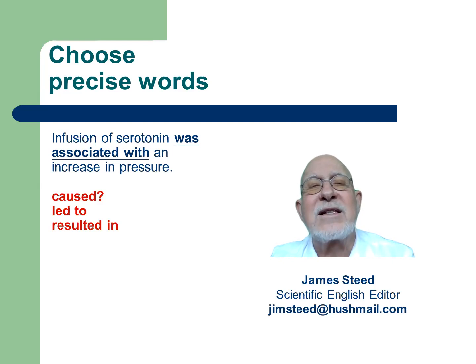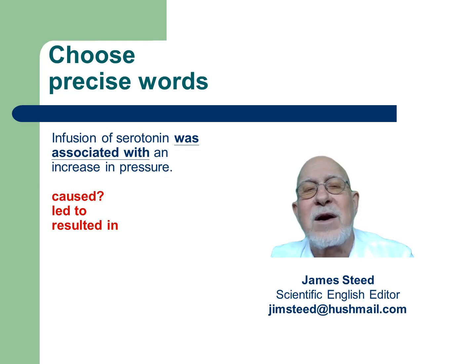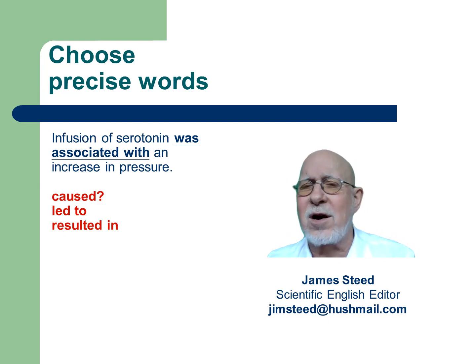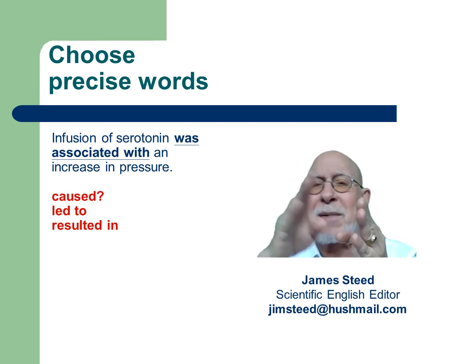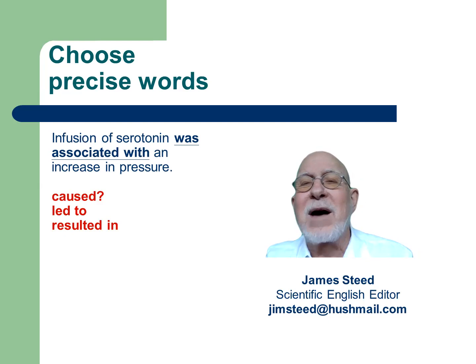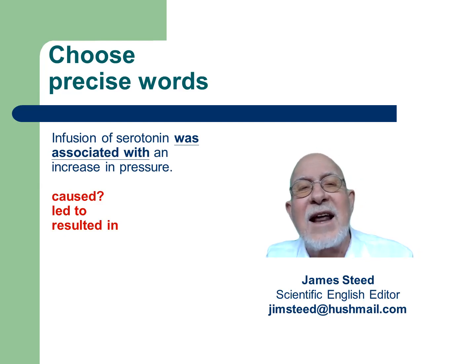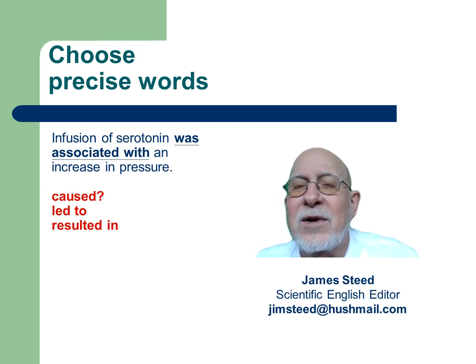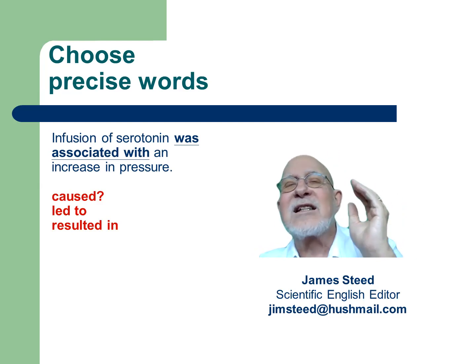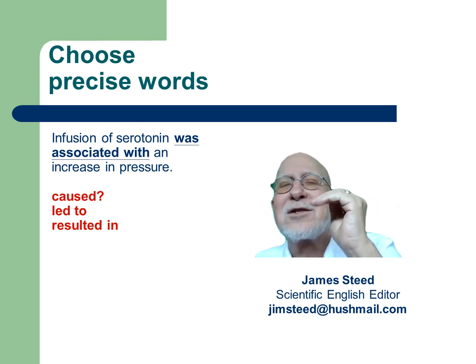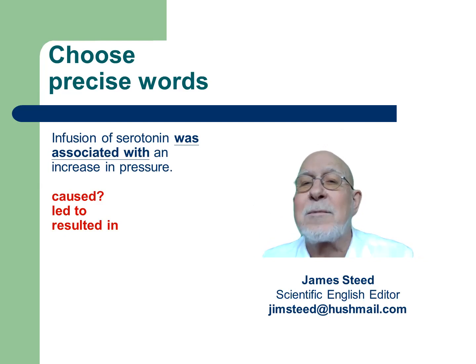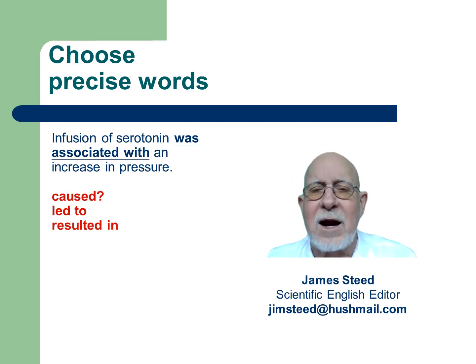So we could probably say the infusion of serotonin caused an increase in pressure, but that's a little bit strong. We don't know if there's a direct cause or an indirect cause. Maybe there's a pathway of some sort. So it might be better to say that it led to an increase in pressure or resulted in an increase in pressure. It's much more causal than associated with, but not as strong as cause. So you have to be a little bit careful when you're choosing words, all right?